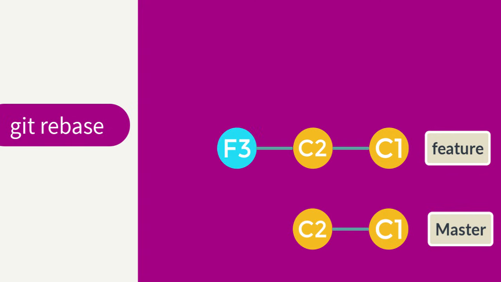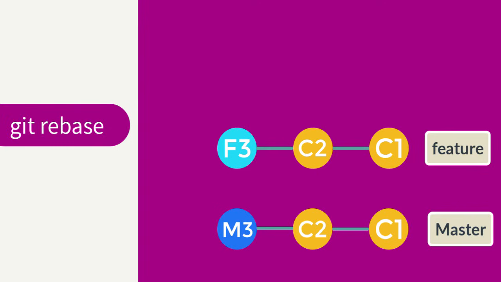After some time, someone else made a change in the master branch, called the M3 commit. So when we merge the feature branch into master, the M3 commit will come first, then the F3 commit will come. In reality, F3 was committed before, and the sequence will be distorted if we merge these two branches.